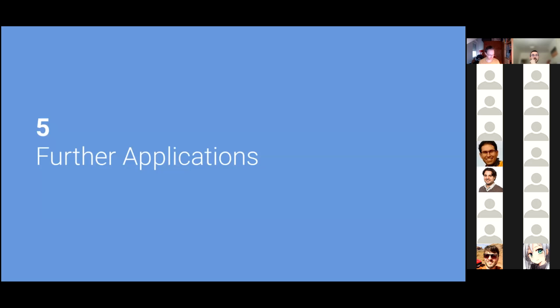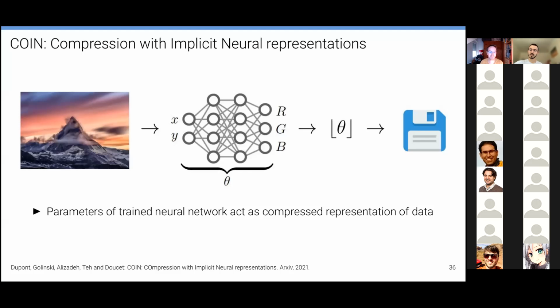Great. So now I'm coming briefly to the final part, which is our outlook on applications that this type of models enable. And we have seen really a huge, I would say almost explosion of applications in this area. I just want to show you some of them. So what people have looked at, for example here in Coin, is compression.